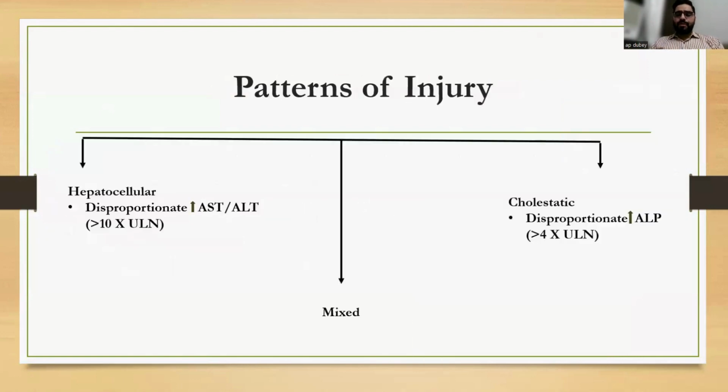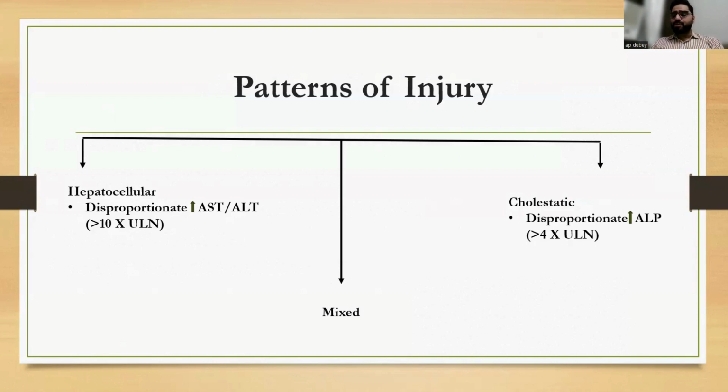upper limit of normal. Now, coming back to the patterns of injury: hepatocellular, where there is disproportionate elevation of AST and ALT as compared to cholestatic markers. And what is that disproportionate elevation? That is more than 10 times the upper limit of normal. And the other pattern is cholestatic pattern or obstructive pattern, where there will be disproportionate elevation of alkaline phosphatase as compared to that of hepatocellular markers.